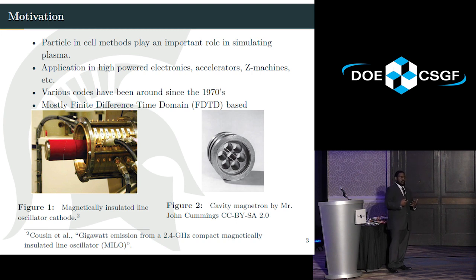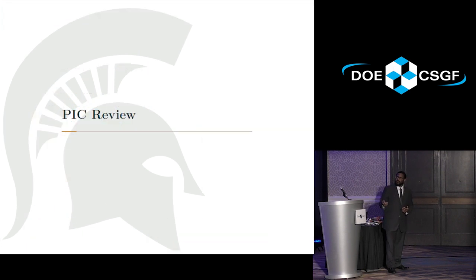And over the past decades, many codes have come about, such as IcePick, Magic, Empire, that are able to simulate these things, but they're mostly based on the finite difference time domain method. And we're going to show that there's been a lot of advancements in simulating electromagnetic phenomena, and we want to see if we can use those advancements in numerical methods to pair with this existing particle-in-cell method.